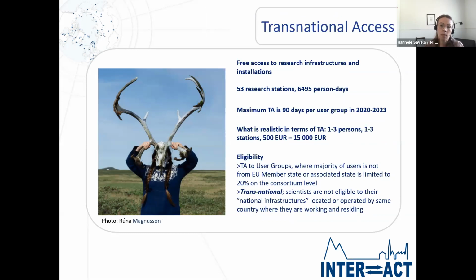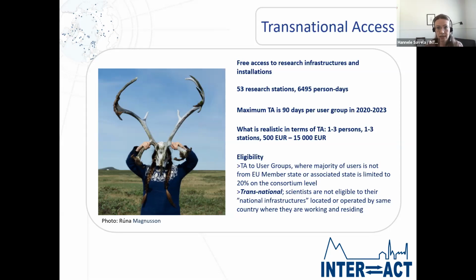The maximum amount of transnational access that can be granted to one user group during our 4-year funding period is 90 days. So 3 months is the maximum amount of access that you can have during this funding period. That's the maximum amount you can apply for and the maximum amount you can be granted.